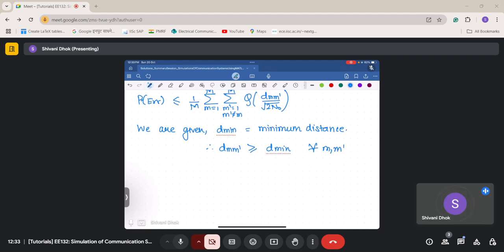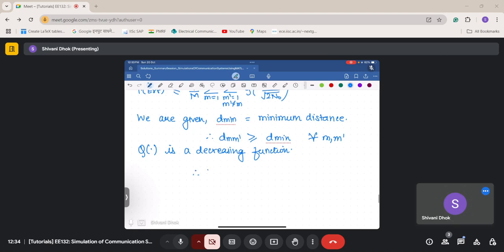Okay, now this Q function is a decreasing function. So therefore Q function of d_mm' by under root 2 N naught will be less than or equal to Q function of d min upon under root 2 N naught.